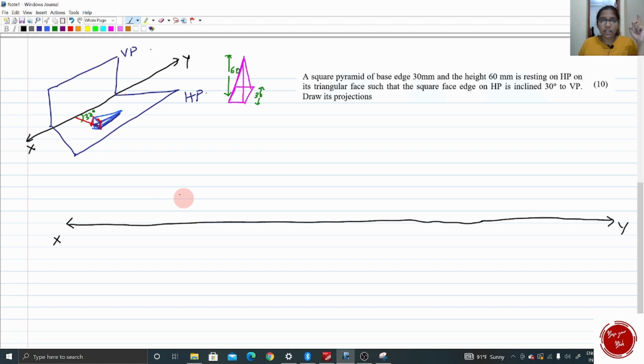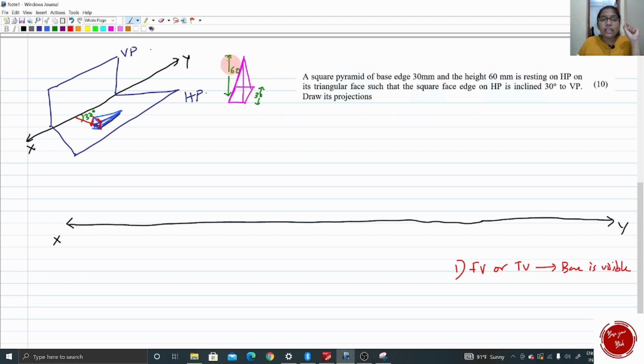Firstly, you have to check from which view, that is from top view or front view, you correctly see the base of the solid. So this is the very first step in drawing any projection of solid question. That is, you have to check whether in front view or top view the base is visible. For this question, we have a square pyramid, a square base. First of all, we have to place this pyramid such that its base is clearly seen.